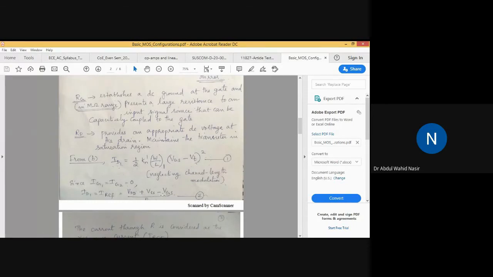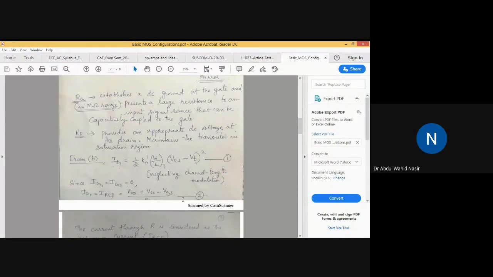If you simplify this expression, you will have I reference as (VDD plus VSS minus VGS) by R. Since I reference is the same as ID1, we can write ID1 is equal to I reference is equal to (VDD plus VSS minus VGS) by R.